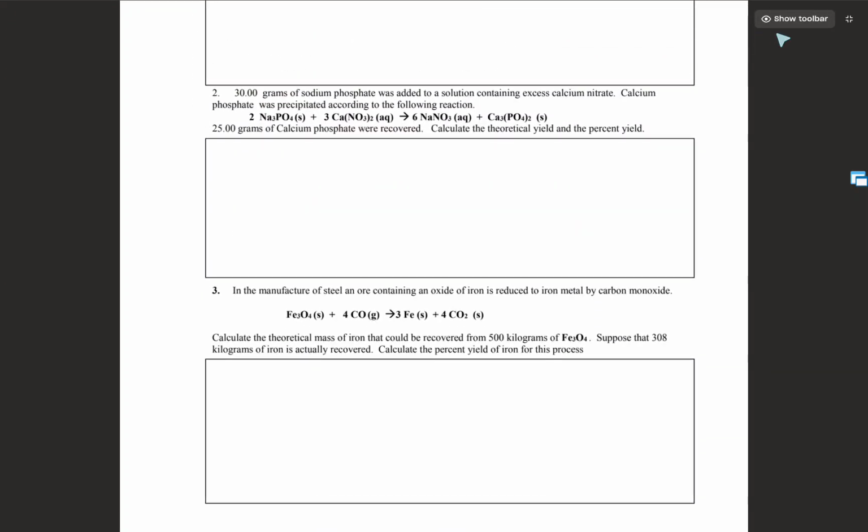Alright, so to the second question. Let's write the table: mass, molar mass, moles, ratio. What are we given?